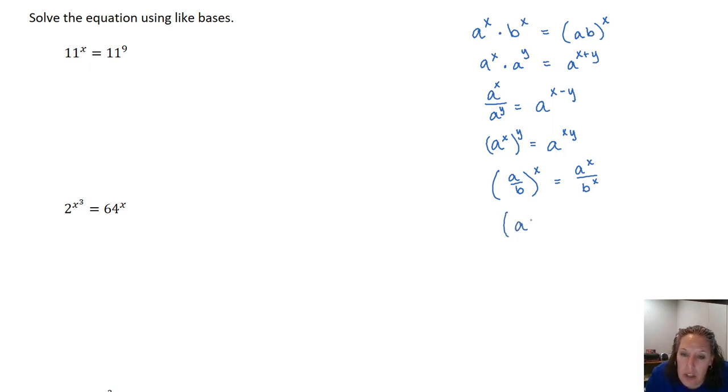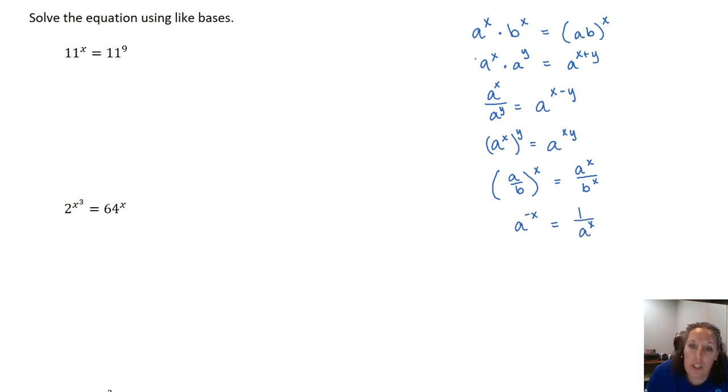And if we have something raised to a negative power, that's the same thing as 1 over that quantity raised to the power.